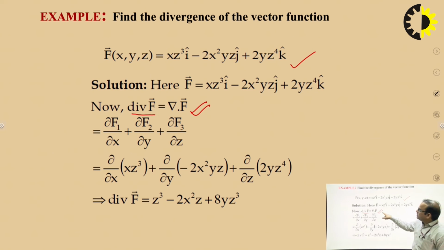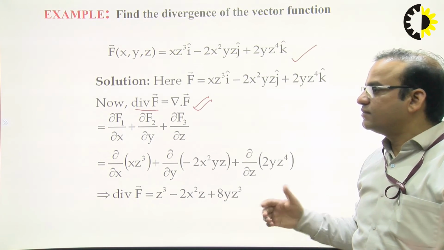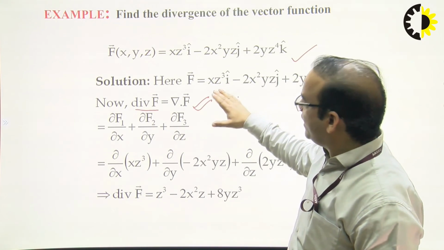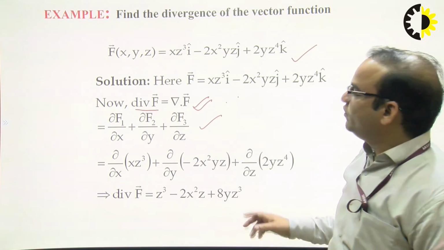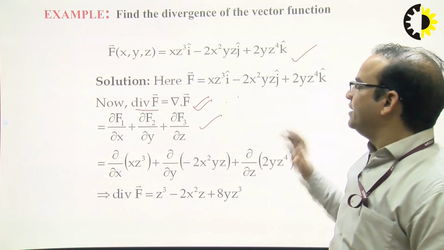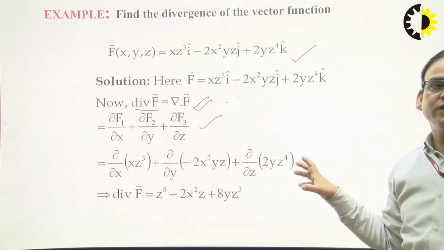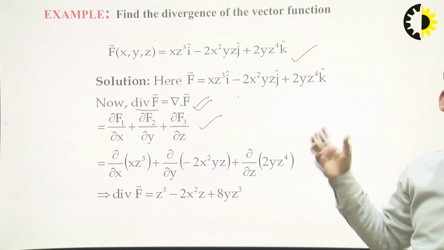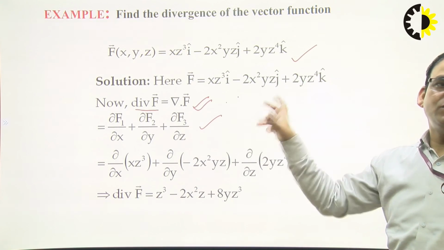So when we operate the del operator on F, we get the structure del F1 over del X, del F2 over del Y, del F3 over del Z. That means in the case of the divergence, we have to distribute the given function over the del operator, and simply differentiate the given function with respect to X, then plus with respect to Y, then plus with respect to Z, and sum these components.